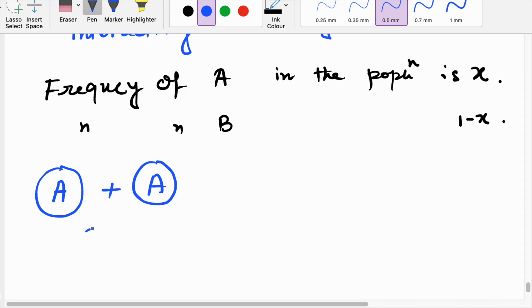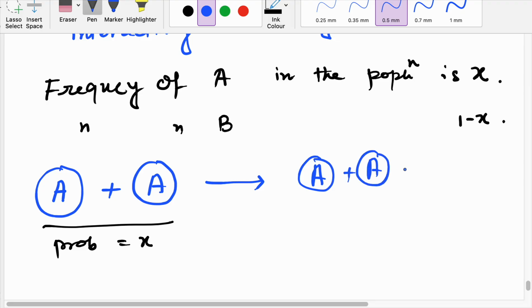The probability will be simply X, since the frequency of A in the population is X. The probability of this happening is X, and in this case they will reproduce another A type individual with reproduction rate A.